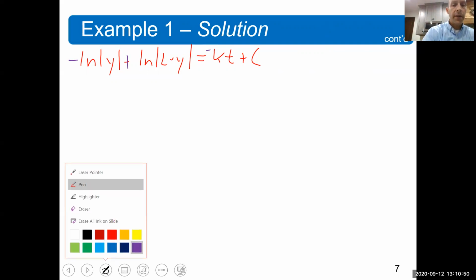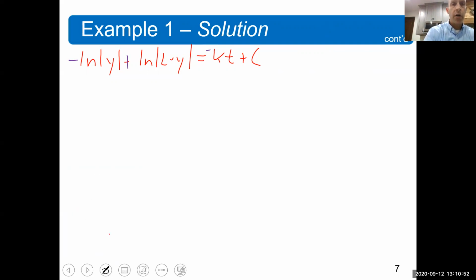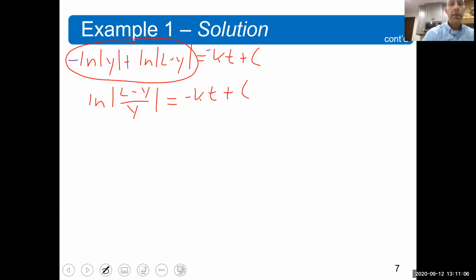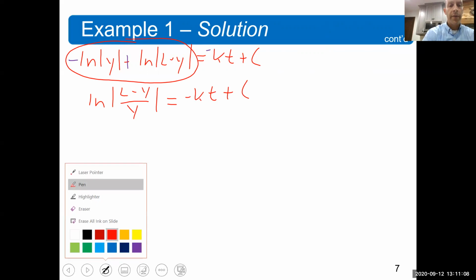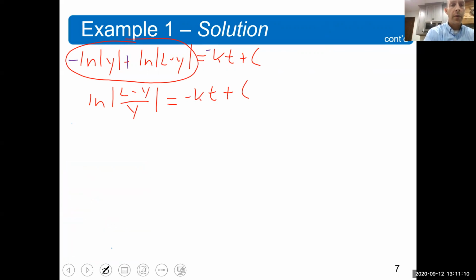So then that's going to give us the following. I'm going to use a log rule now for this side over here. This is going to be the natural log of L minus y over y, absolute value, equals negative kt plus c. Now I'm going to get rid of the natural log by doing e on both sides. So I'm raising both sides with a base of e.